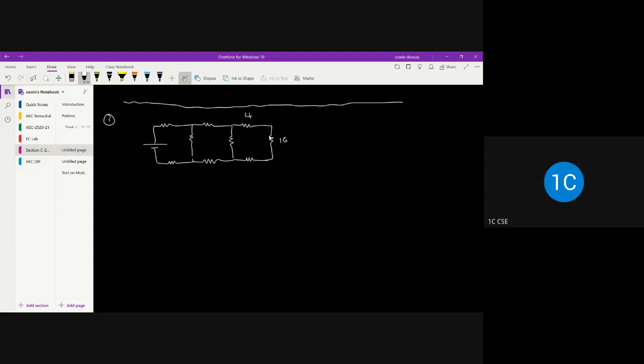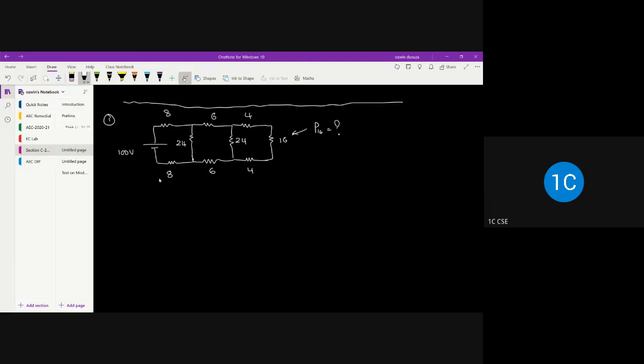So all numbers are basically resistances. Okay, so this was a problem, and you were supposed to find P16, right? There are two ways of solving this problem.